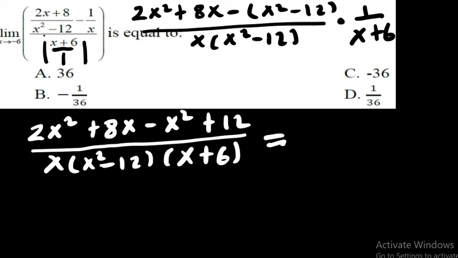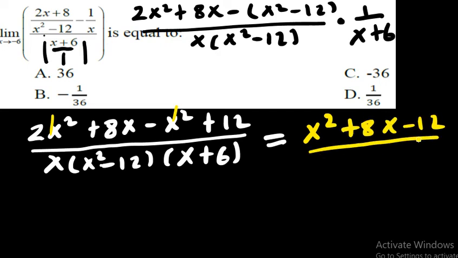When you simplify, x squared and negative x squared leave x squared. Then plus 8x plus 12. The whole over the denominator, which is still the same: x squared minus 12, then x plus 6.